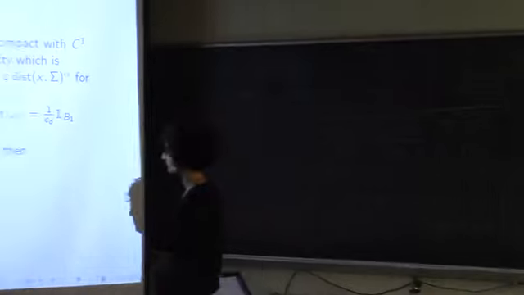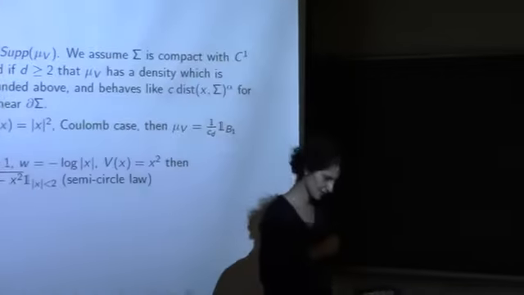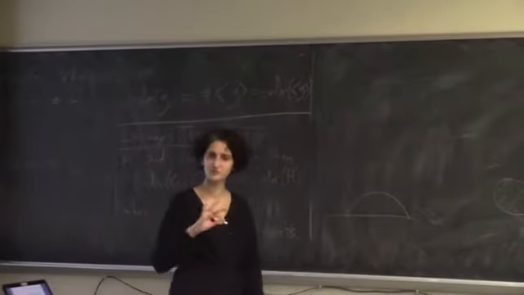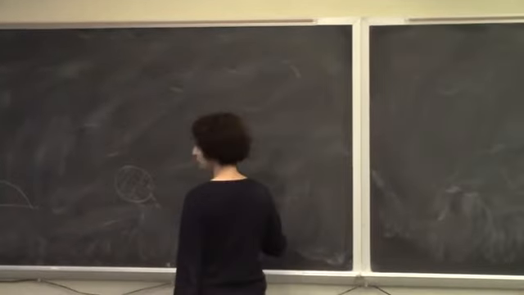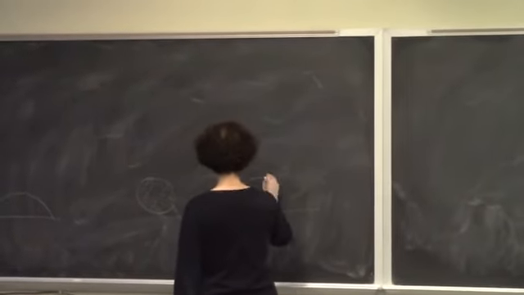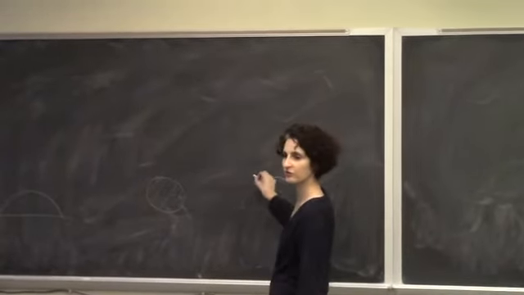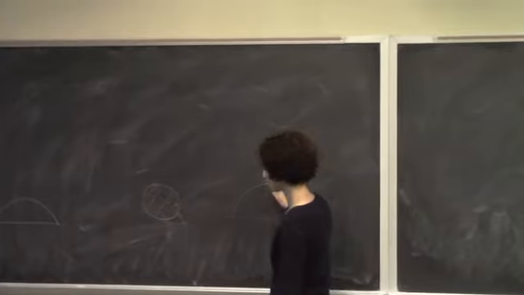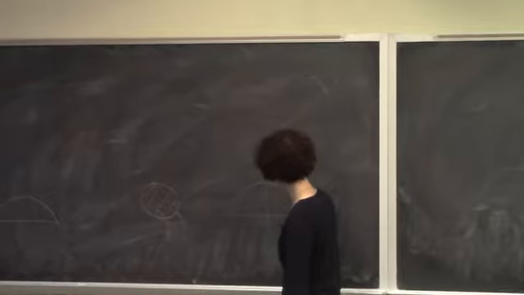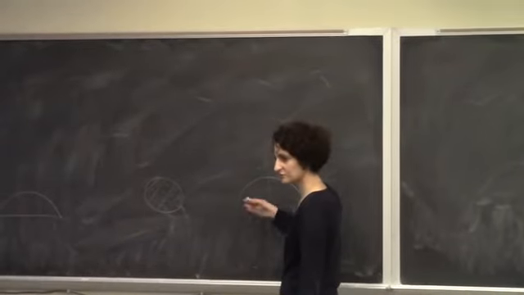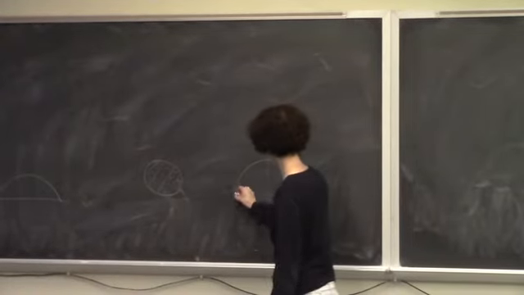If you're in dimension 1 and you look at the logarithmic interaction, that corresponds to the case of the eigenvalues of these symmetric matrices or Hermitian matrices. Then the distribution mu is just the graph of this function, the square root of 4 minus x squared. And that's called the semicircle law in the context of random matrices. And what you see is that if you look at the histogram of eigenvalues, almost all the eigenvalues lie in this interval.